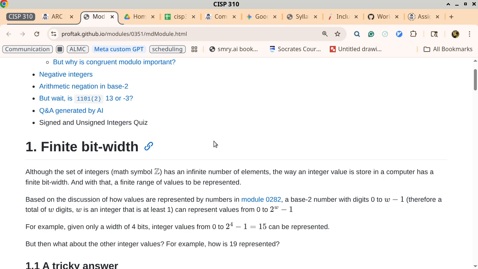What is 1111? Well, we know 0, 0, 0, 0 is 0. What is 1111? 15. That is correct. So 1111 in base 2 is 15 in decimal, because it's 8 plus 4 plus 2 plus 1.